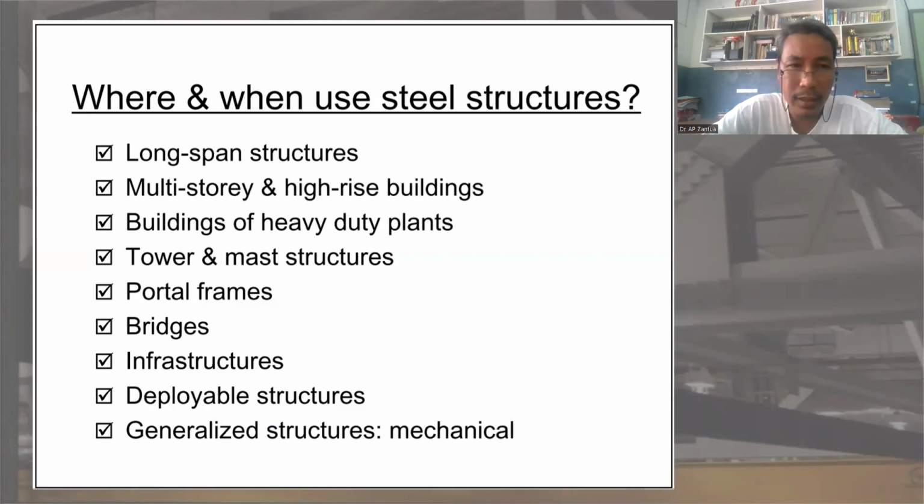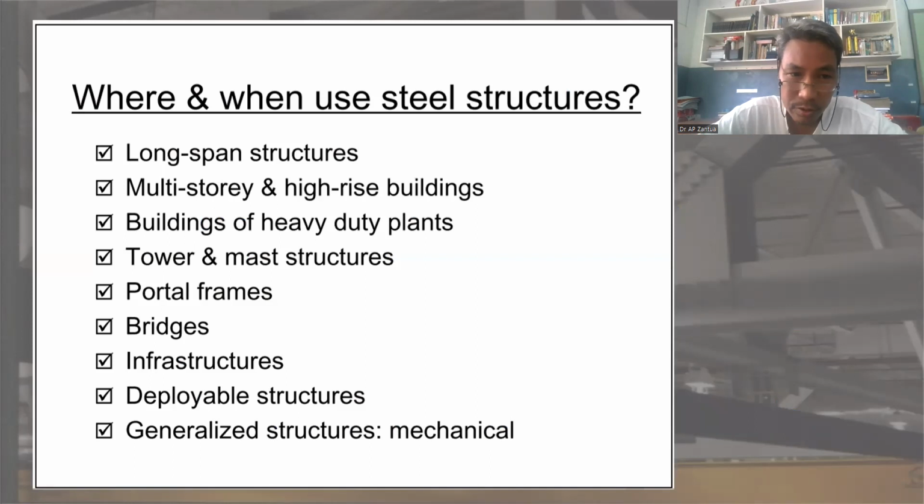So again, where and when are we going to use steel structures. There are several that we learned so far. From the very start, we talked about span structures, multi-story and high-rise buildings, buildings of heavy-duty plants, towers, and mast structures. We have examples of those.